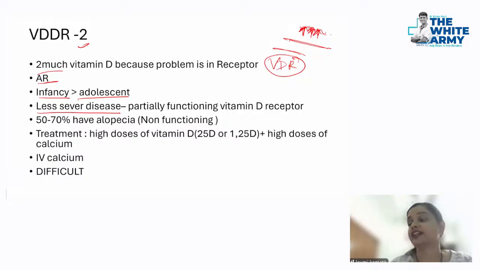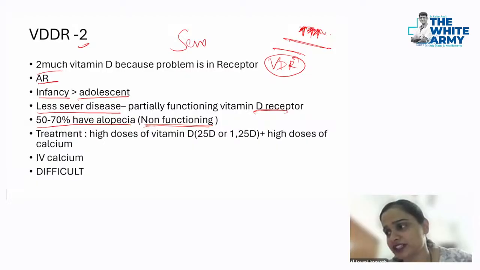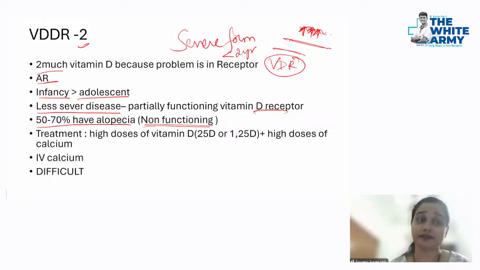But 50 to 70% of vitamin D dependent rickets type 2 have alopecia. If they have alopecia, it indirectly means a completely non-functioning vitamin D receptor. That means a severe form of the disease, mostly presenting within 2 years of life. So below 2 years of life, if you see alopecia, keep this in your differential diagnosis list.